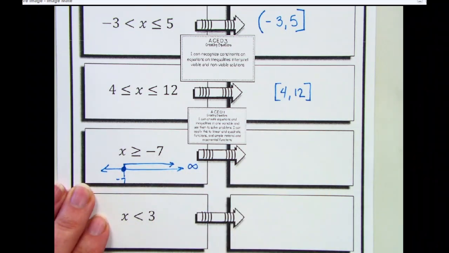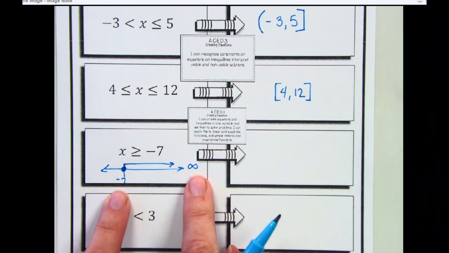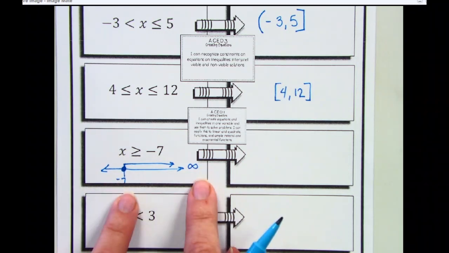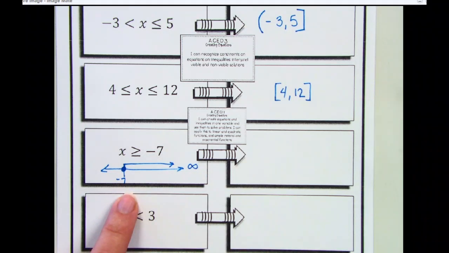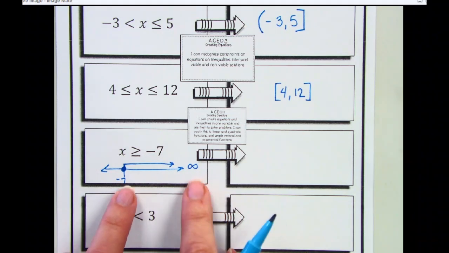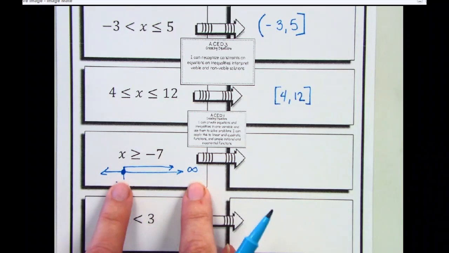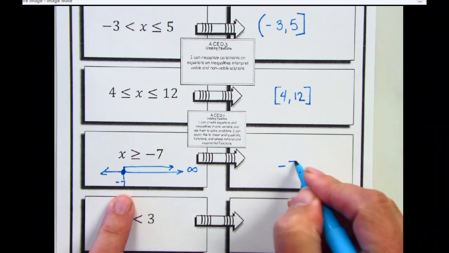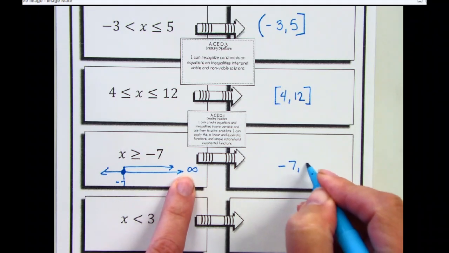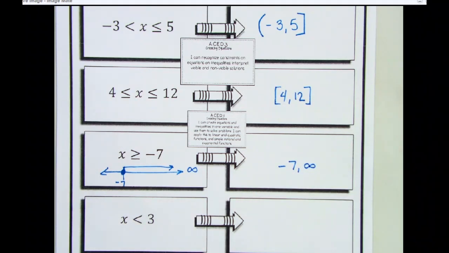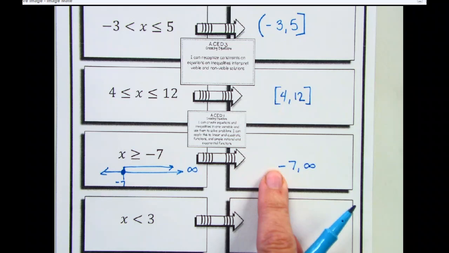Do we have two things now? Yes. Before I just had a -7, but now I've got two things. I've got -7 and I have infinity. Can we equal -7?